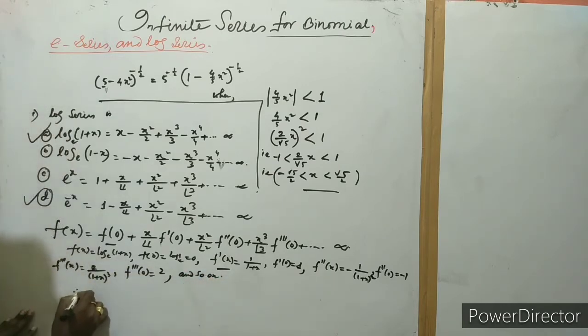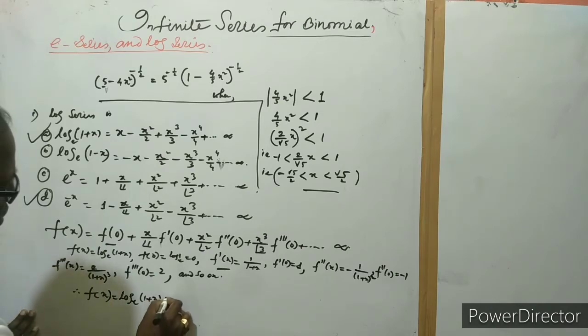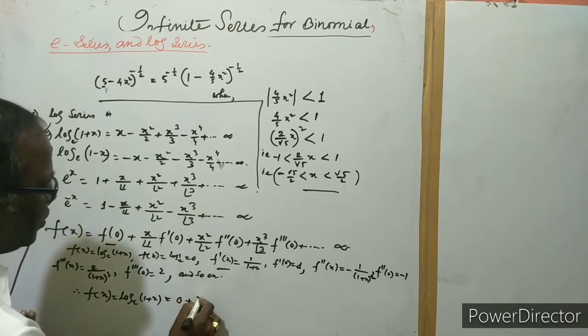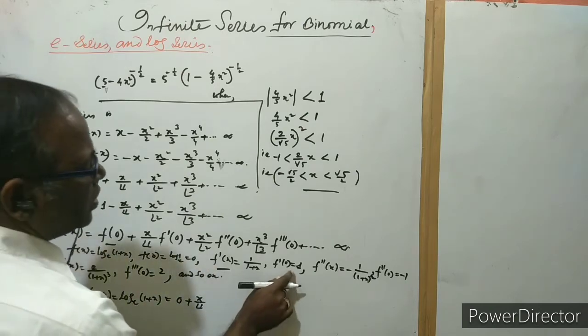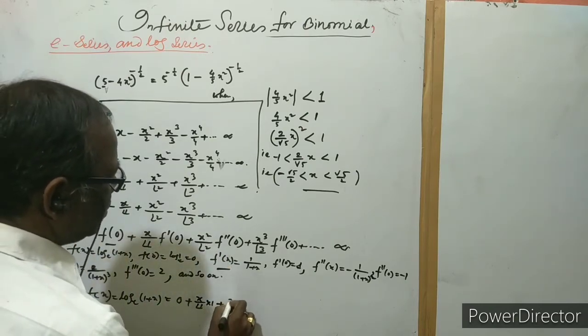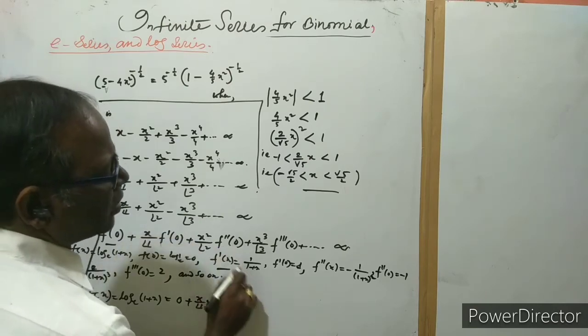So therefore, f of x is equal to log to the base e of 1 plus x. We can write in place of f of 0, we put 0. So x by factorial 1, f dash 0, which is 1. And now x square by factorial 2 and f double dash 0.